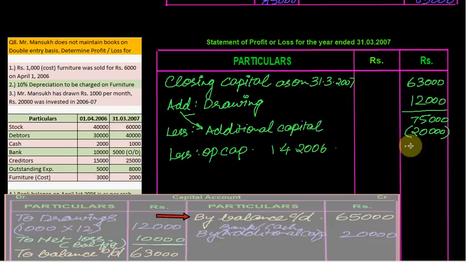Opening capital is 65,000. 75,000 minus 20,000 minus 60,000 comes up to minus 10,000. Now that is your loss before adjustments.